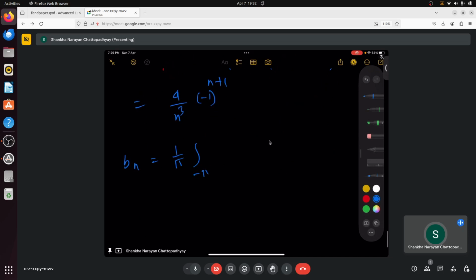And the bn coefficients: this is simply 1 by pi integration minus pi to pi x square sin nx dx. They are 0.